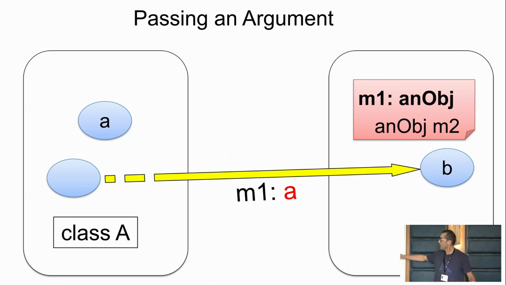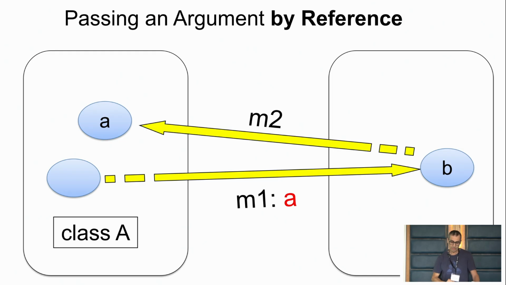And B receives the message and executes the implementation of M1. Basically, it sends M2 to the argument. Fairly classical, but we are doing it over the network. What happens?